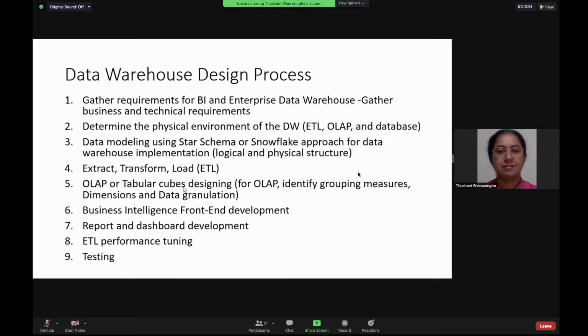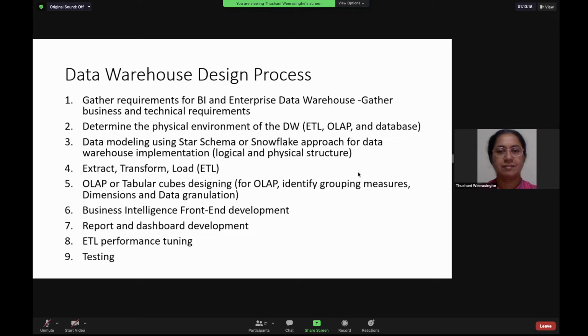Yes, then we need to know about the data warehouse design process. Okay, so there is a design process, and this needs to be followed. Next time when we develop the data warehouse, I'll be asking about this from you, so you have to know about it. Next week, as I told you, I'll be using QlikView software to develop a data warehouse, and also a dashboard based on that.